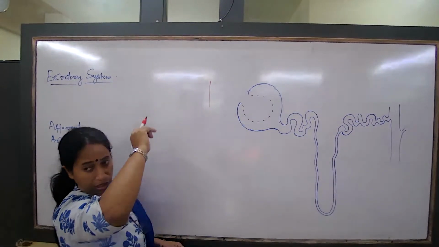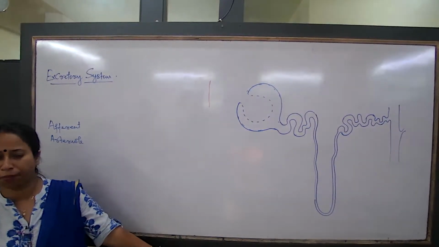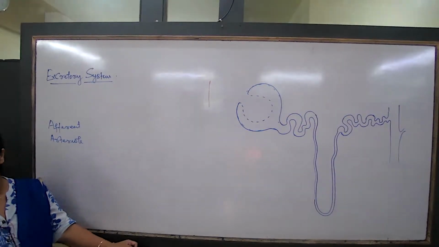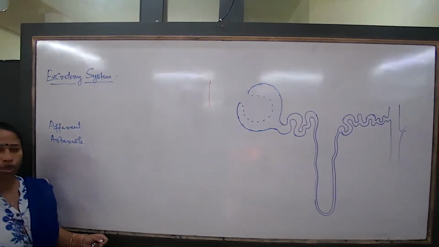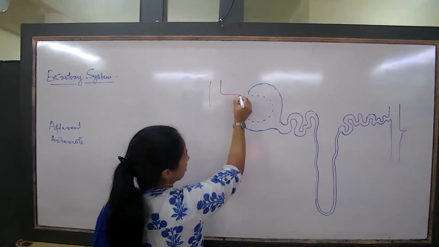It is not absolutely pure, but toxicity comes down. In the renal vein, the blood is less toxic and has a lower concentration of urea, uric acid, etc.